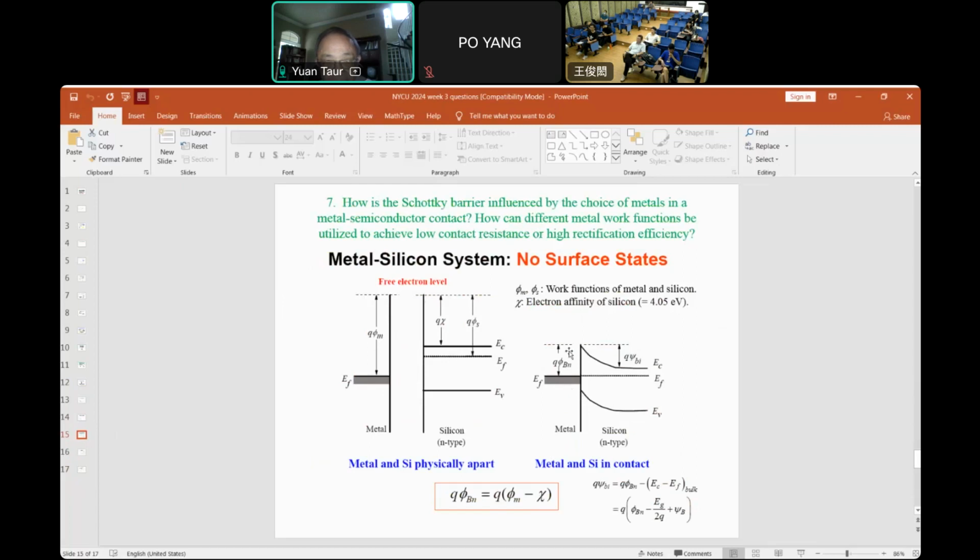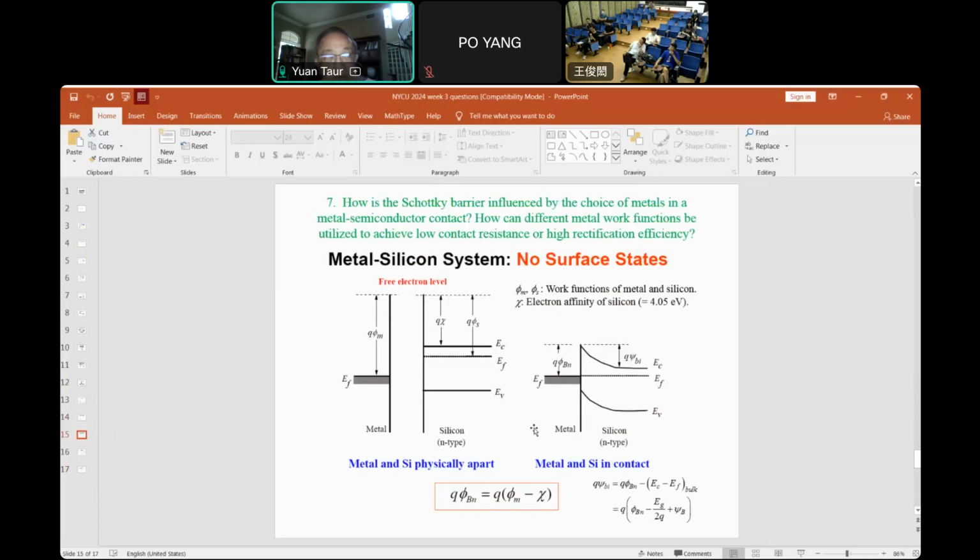For p-type, we want a barrier that's the electron affinity plus the band gap. For the p-type barrier, it's not shown here, but it goes in the negative direction.